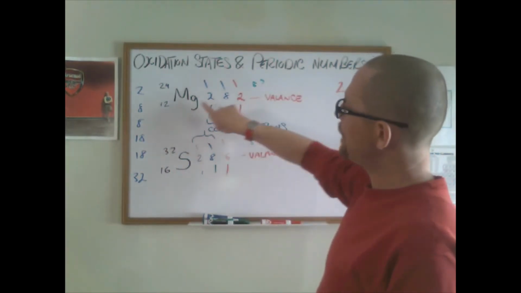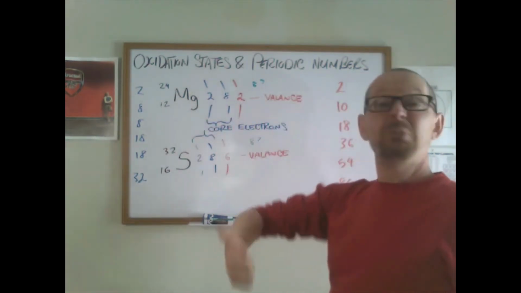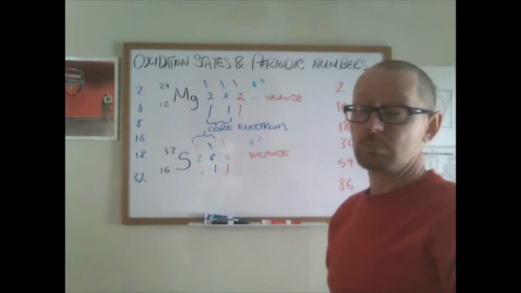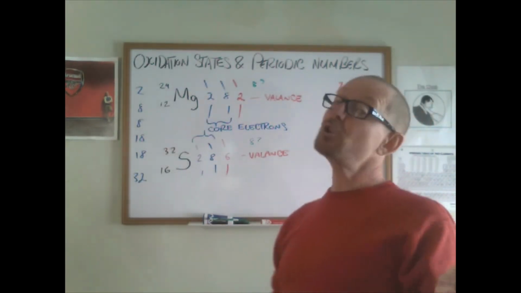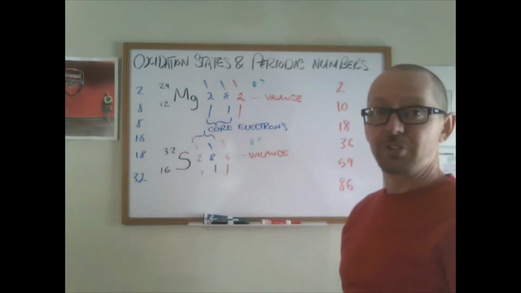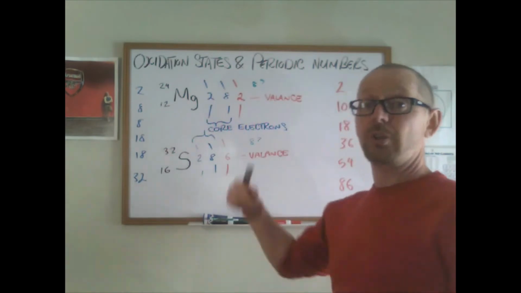For magnesium, because I have 2, I can either get rid of those 2 outer electrons, or I can gain 6. So it's a matter of lose 2 or gain 6. For sulfur, it's the reciprocal of that: I've got 6, I can either gain 2 or I can lose 6.